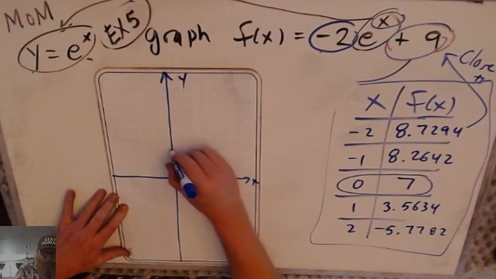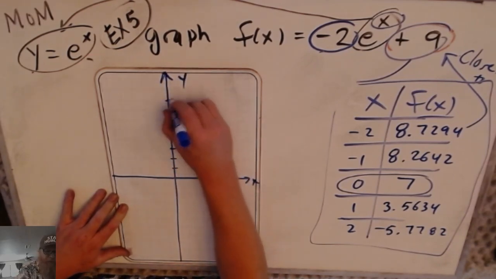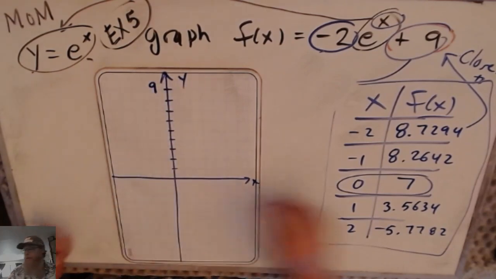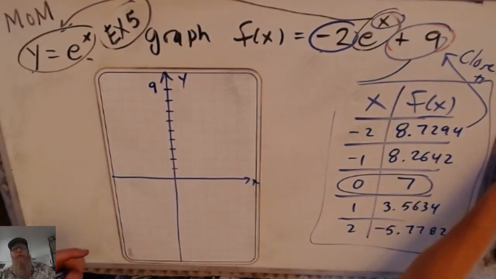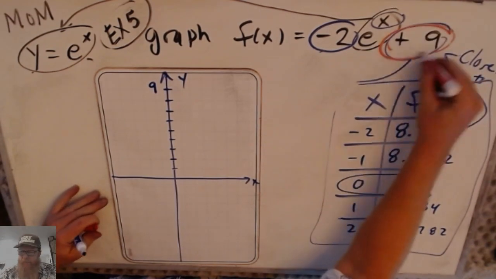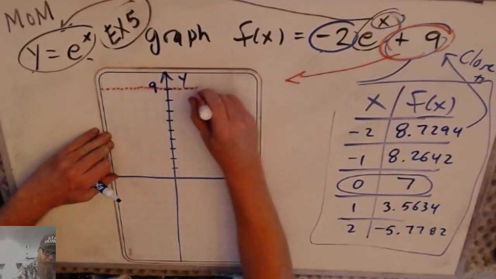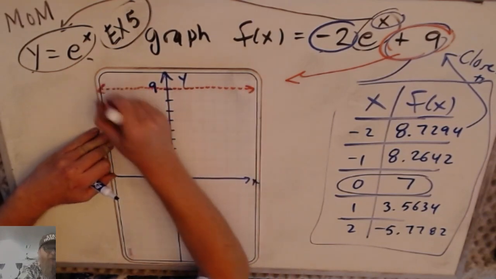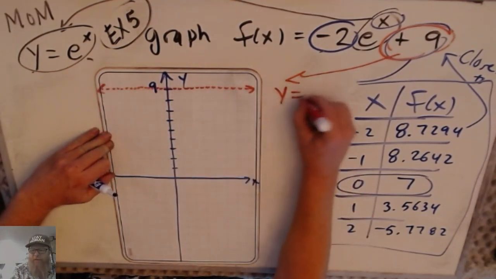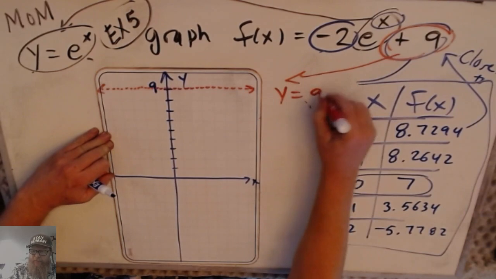So 1, 2, 3, 4, 5, 6, 7, 8, 9. Put your asymptote first. So you have a horizontal asymptote at 9.